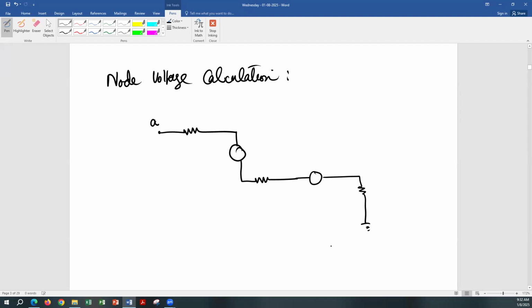Let's say this is node A. So this is part of a circuit. It's not a complete circuit, of course, but a part of the circuit. And then this resistor, let's say, is R1, and this is current I1 flowing here. Let's say this is battery V1.